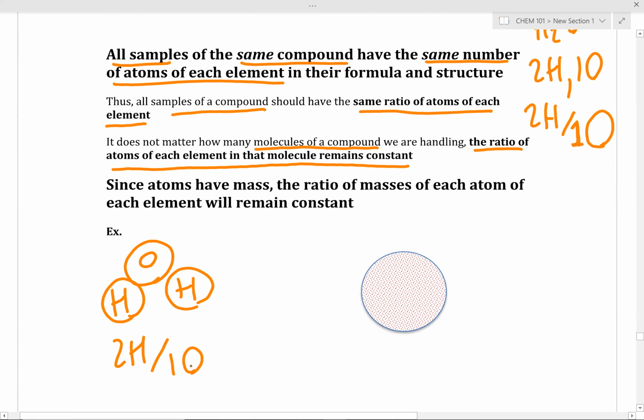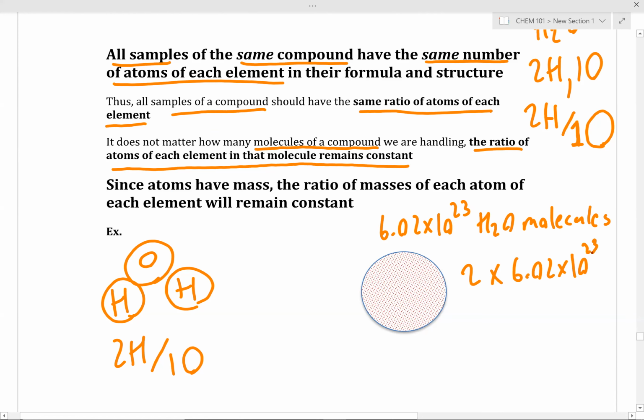If we look at, for example, 6.02 times 10 to the 23rd water molecules, even though we have substantially more water molecules, we'd have 2 times 6.02 times 10 to the 23rd hydrogen, and 1 times 6.02 times 10 to the 23rd oxygen.